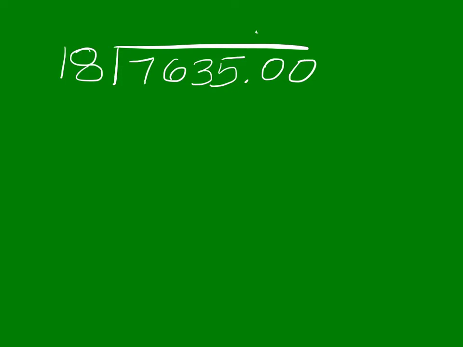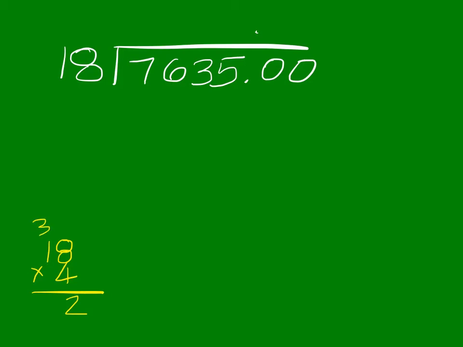Okay, to figure out what that is, you can either do one of two things. You can make a times table for 18, or you can take a guess at it and see how close you can get without going over 76. All right, we'll try 4. 18 times 4. What's 4 times 8? 32, and you will carry a 3 up there.